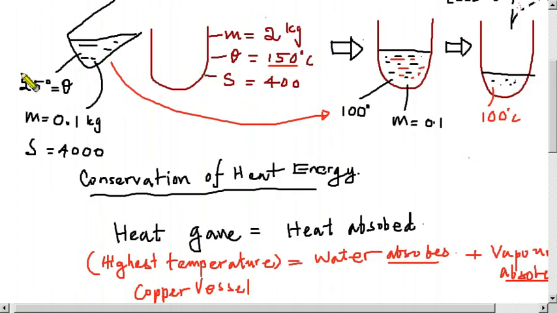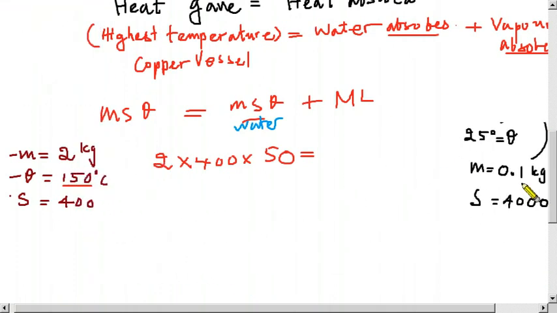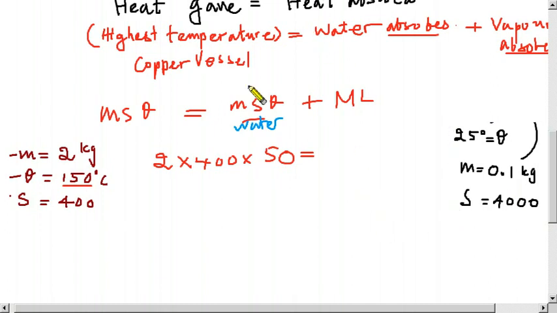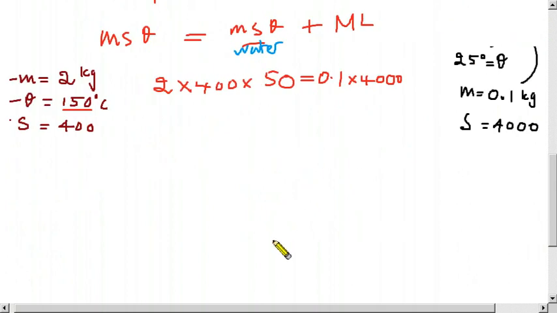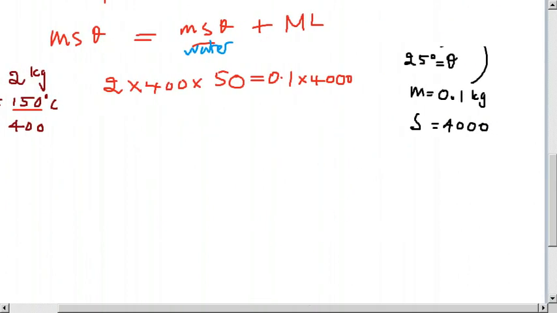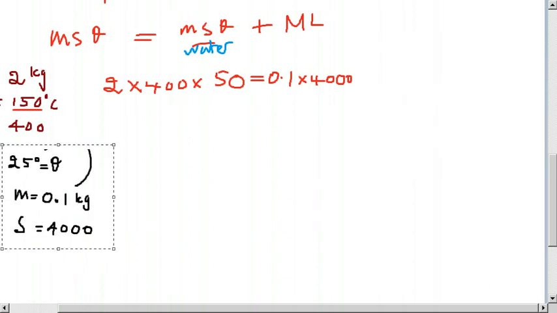Therefore let us copy this portion of data, keep it here, so we can write m first, m is 0.1, S is 4000, then theta, initial temperature has been 25, finally 100, so difference is 75 degrees. So times 75, then that term is okay.